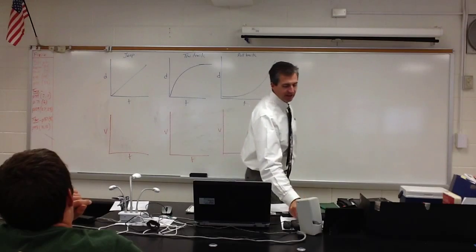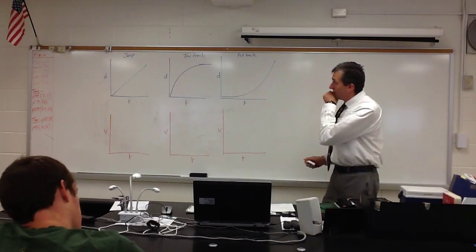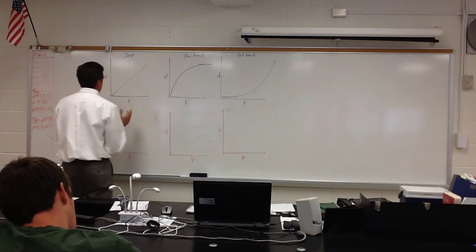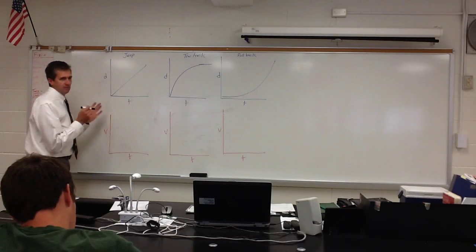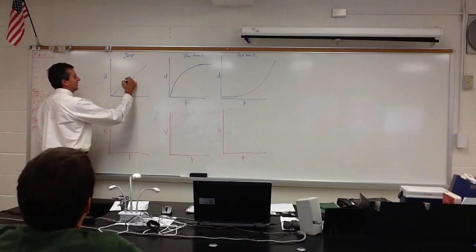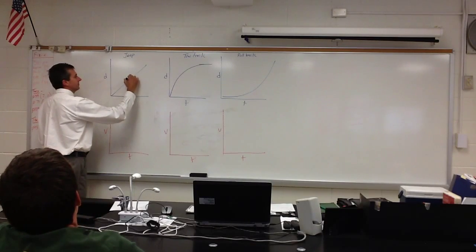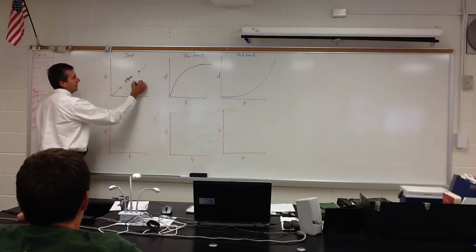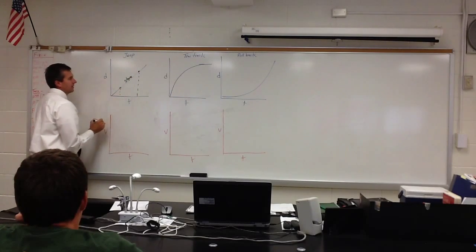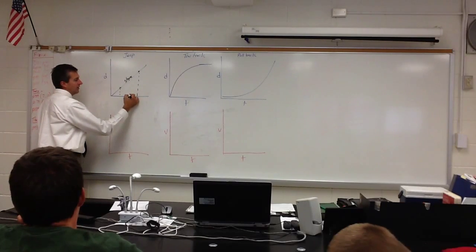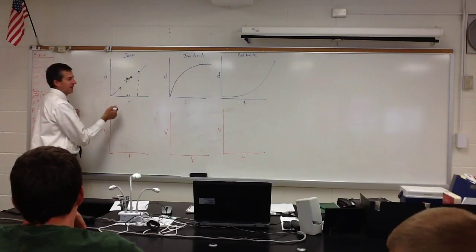Before I move on to the bottom set of graphs, I want to spend just a little bit more time reminding you of a few things that you probably remember, but I just want to make sure. If you need to take the slope of this, how do you do so? Well, you pick a point here, you pick a point here, and you drop down, and this will tell you how much you changed your x variable, which in this case is time.